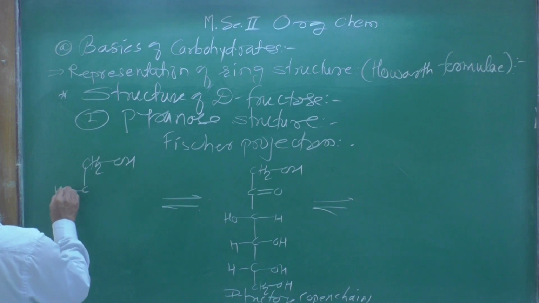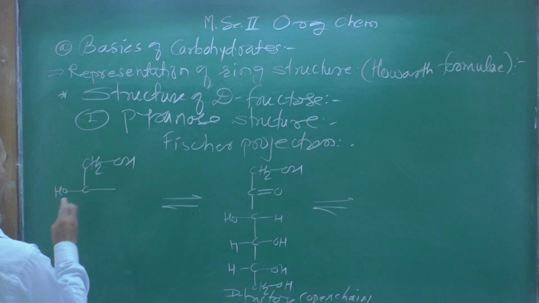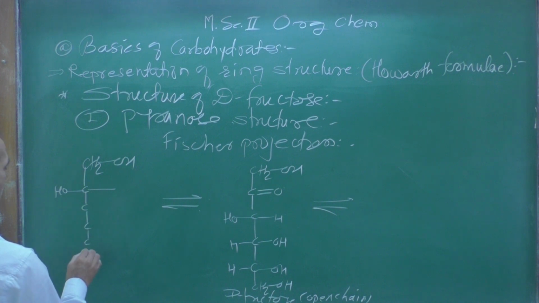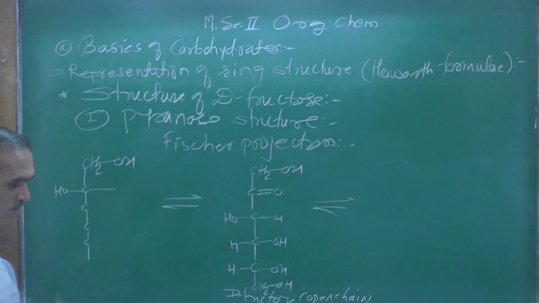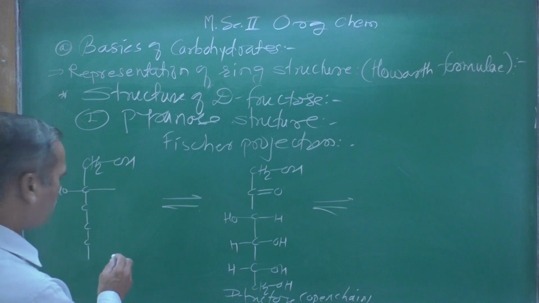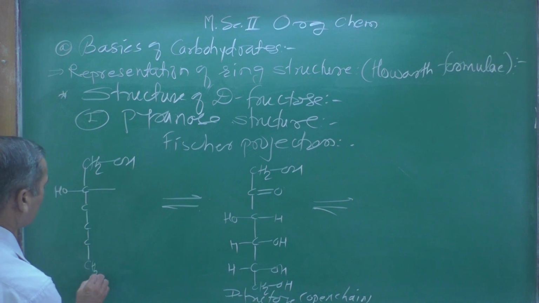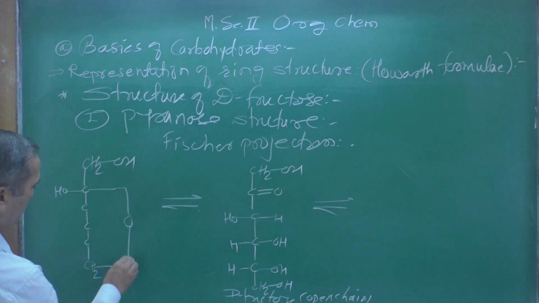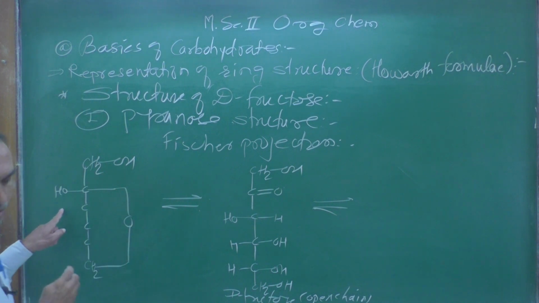On one possibility, the hydroxy group goes on this side, then another carbon atom, 1, 2, 3, 4, 5, and here the 6th carbon atom we can draw over here, CH2, then O we can write here, so a 6-membered ring is formed.